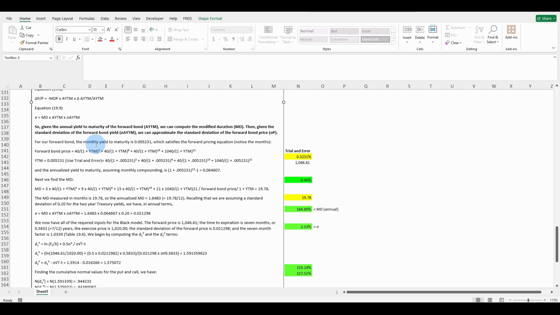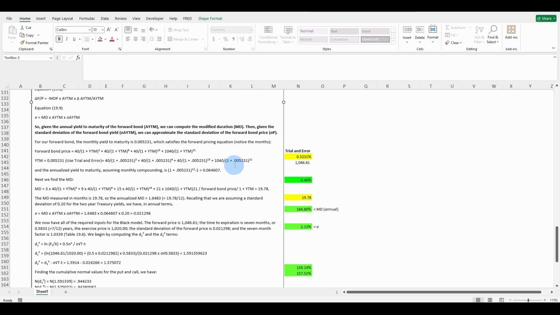From our forward bond, the monthly yield to maturity is 0.005231, which satisfies the forward pricing equation. Notice the months: we're going to have this forward price at 3, 9, 15, 21. We did this earlier, up above. We're going to use 40. YTM equals 0.005231, by trial and error.